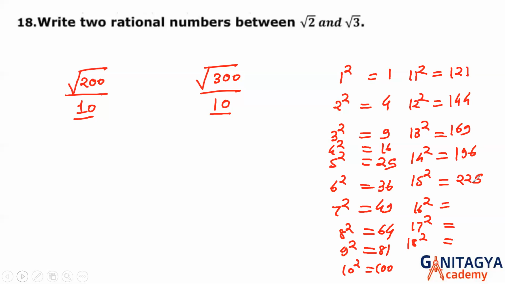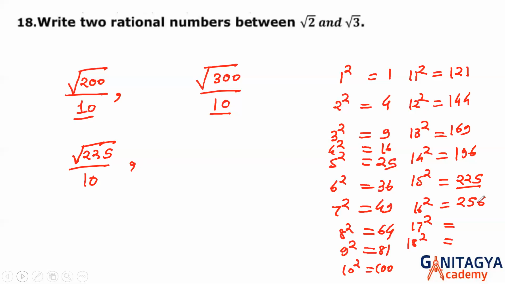Okay, so what do we require? Between under root 200 and under root 300, which is the first number that came? Under root 225. So the first number is under root 225 upon 10. Am I correct? After under root 200, under root 225 came. After 225, 16 square is how much? 16 square is 256.